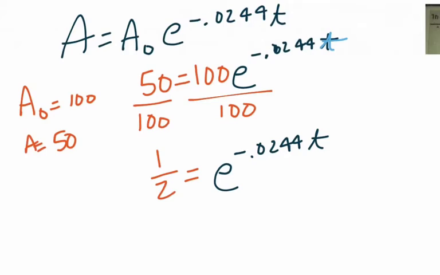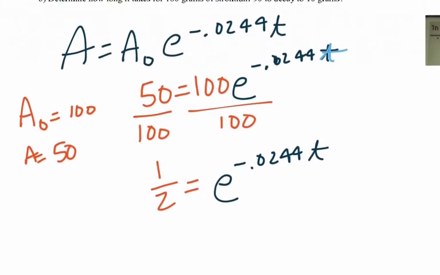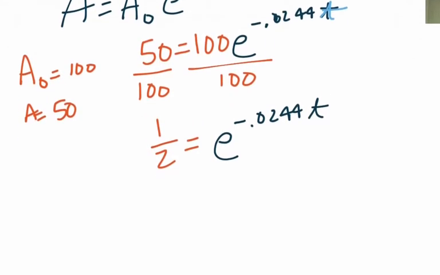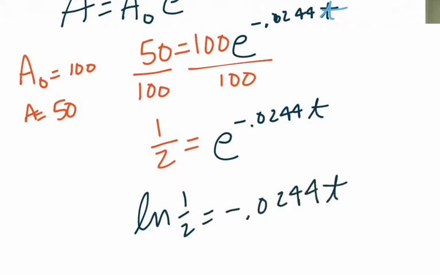Now, using our rules of exponents, in order to solve this, we are going to write it logarithmically. And as we talked about earlier, remember, if it's going to be written logarithmically, it's going to be ln of a half is equal to negative 0.0244 t.